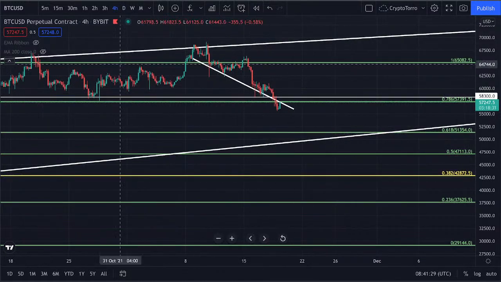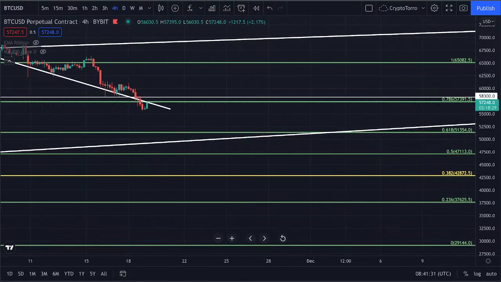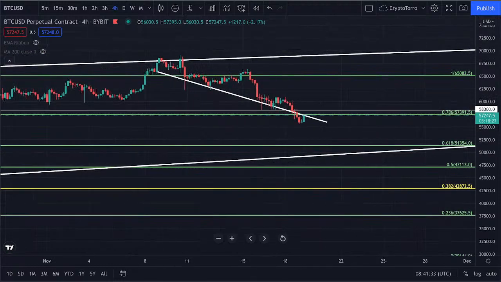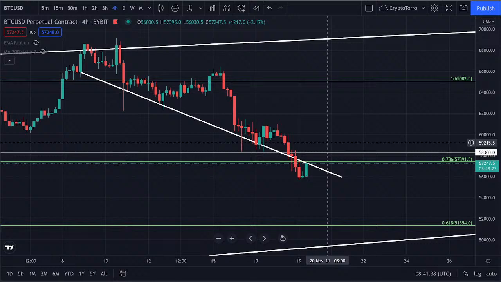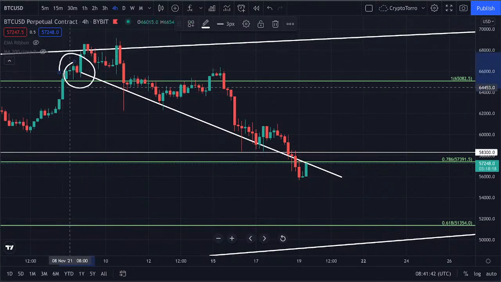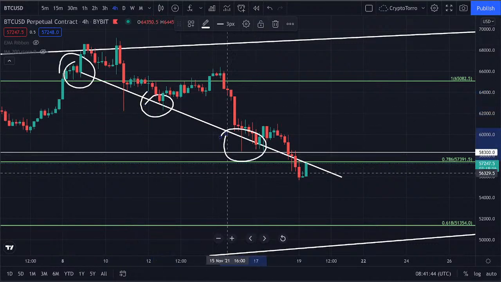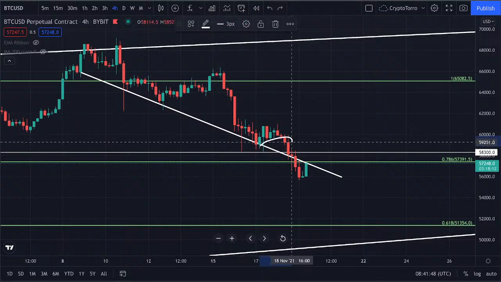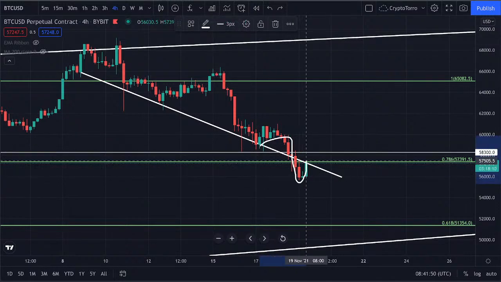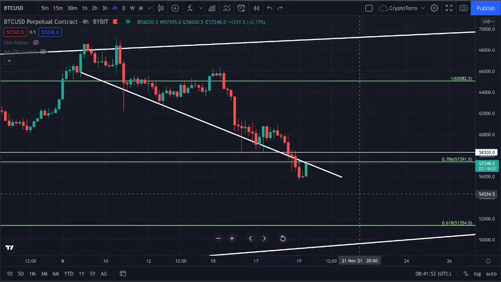Clearly, what we saw yesterday is something quite good to know, and that is that we have seen this beautiful descending support being broken down below. We have seen multiple touch points on top of this descending support, and yesterday we saw a breakdown below it, and right now we are retesting this range. So this could mean two different options.